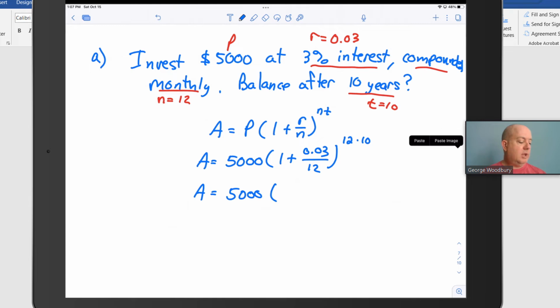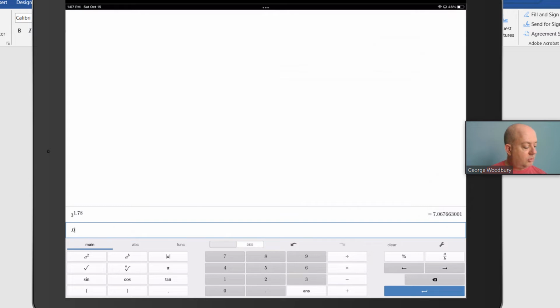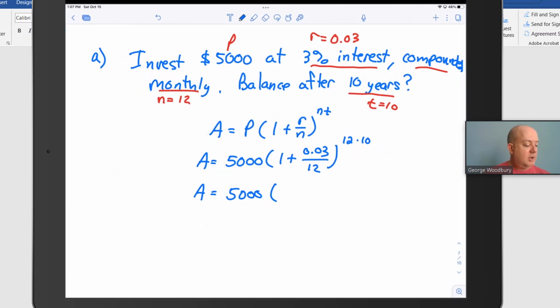And if I look at 0.03 over 12, let me switch to the calculator really quick. 0.03 divided by 12, if that divides evenly like it does here, 0.0025, then we should make that change. So back here, 0.0025 plus 1 is 1.0025. And the exponent 12 times 10, we know that that is 120.